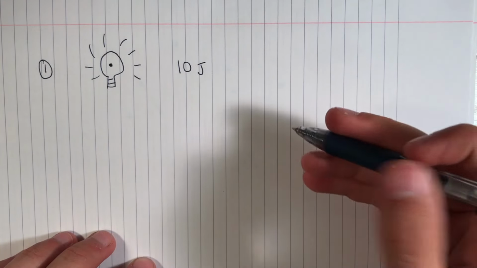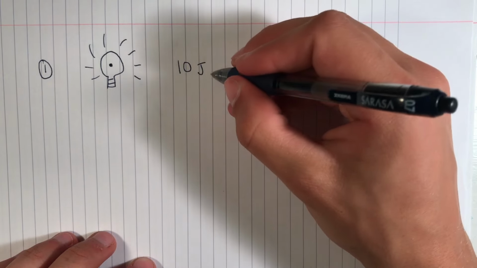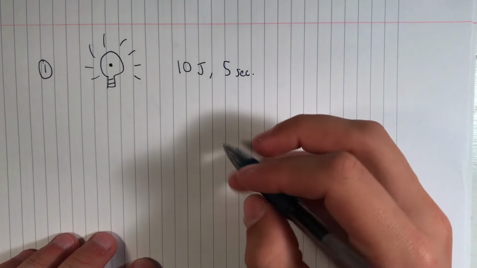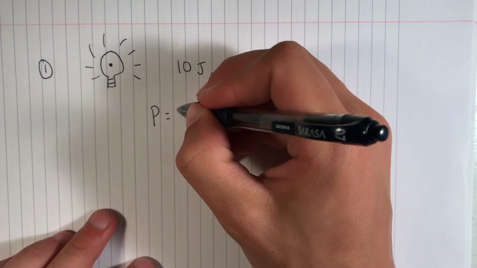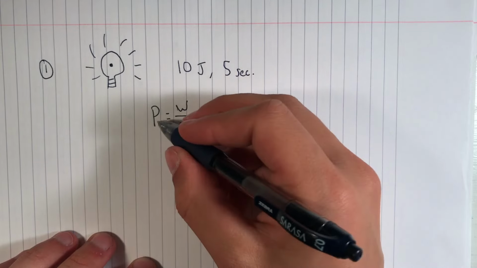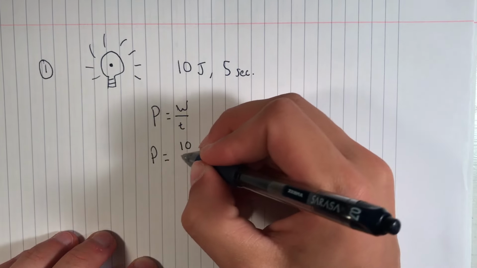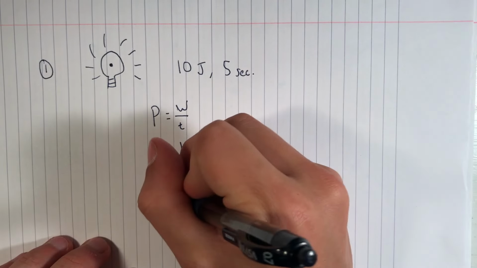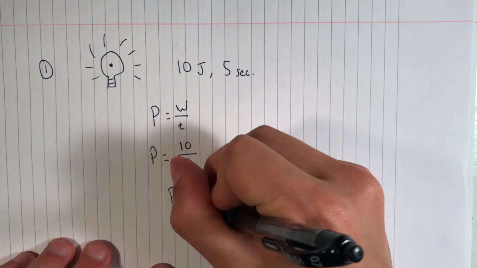And let's say it does this for 5 seconds. In order to find the power of this light bulb, we would simply plug into the equation P equals W over T and then solve for the power. P equals 10 joules over 5 seconds. Therefore, P in this example would equal 2 watts.